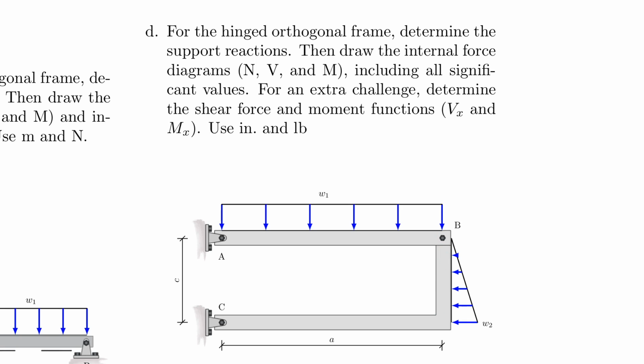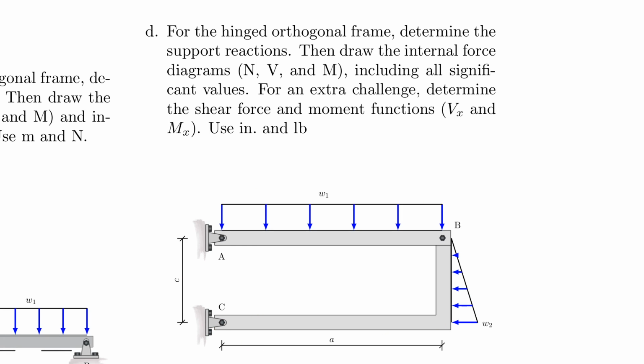Notice that this problem is very similar but not identical to the problem that we saw in the example problem throughout this lecture, and that is that these two supports are actually at the same elevation. In this case, elevation is like the x direction here, so they both have the same x value. Let's consider this here the origin of the coordinate system, so they both are at x equal to 0 in a global coordinate system.